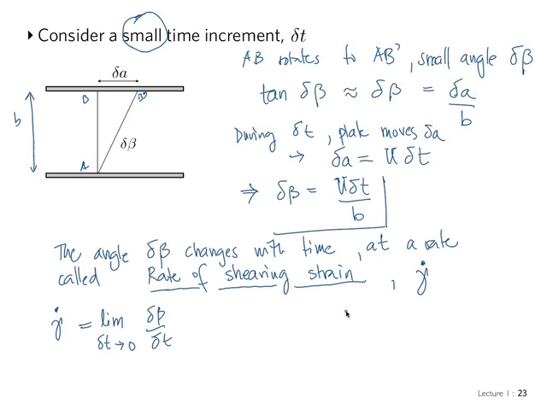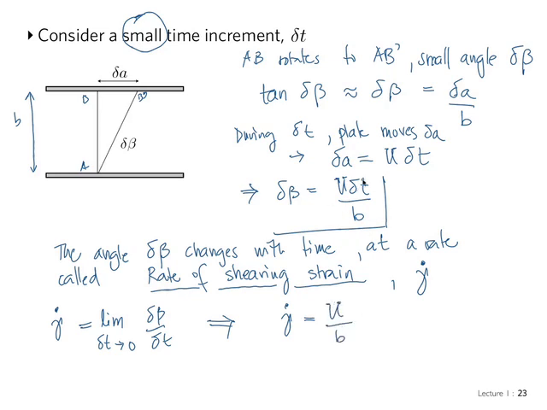We're going to finish here. We find then that the rate of deformation, gamma dot, is equal to capital U over b.